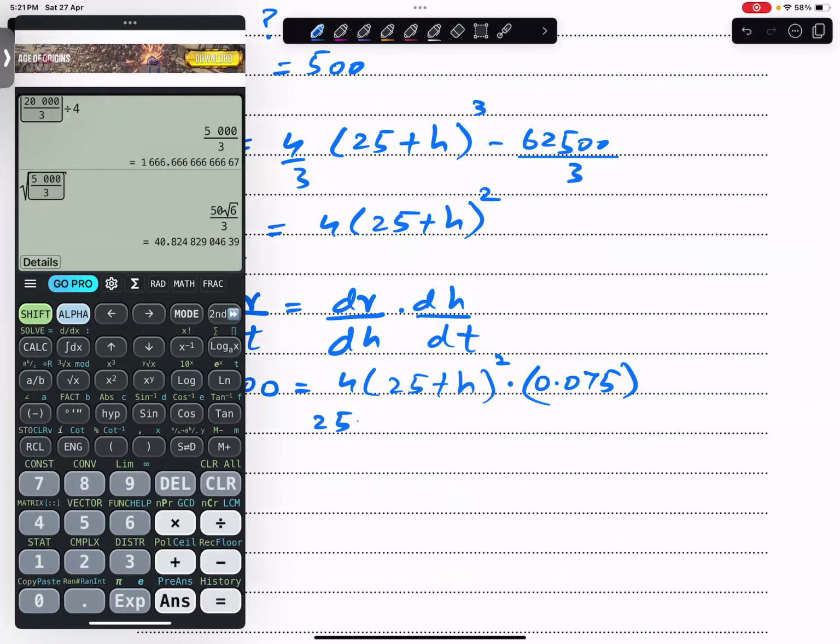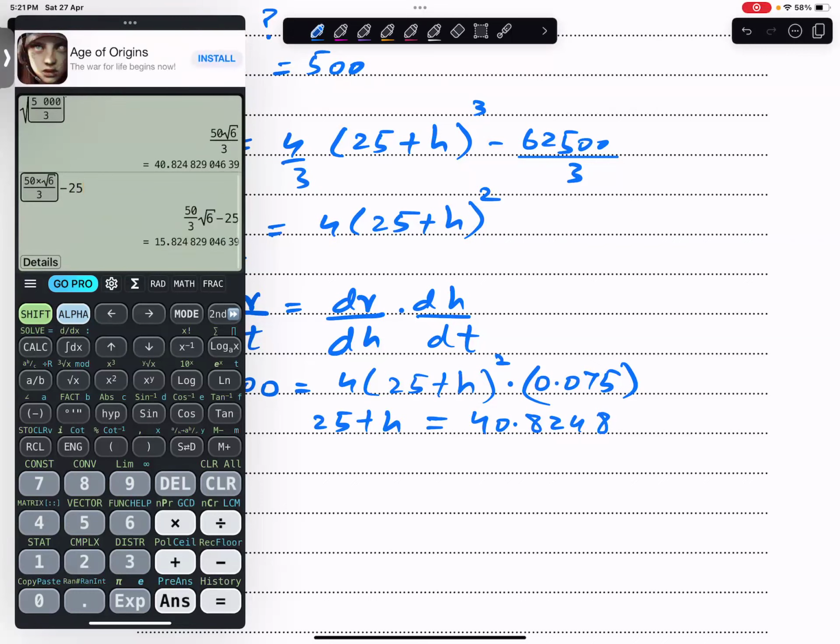So 25 plus h is equal to 40.8248. Minus 25, so this will be your h, 15.8248.